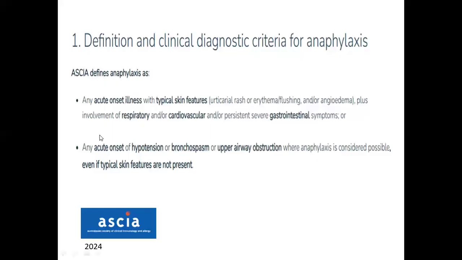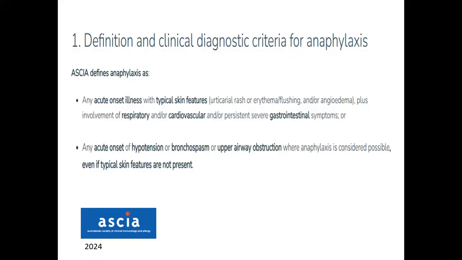The second part of the definition is any acute onset hypotension, any acute bronchospasm, any acute upper airway obstruction in the setting where you suspect anaphylaxis, is also taken as anaphylaxis.